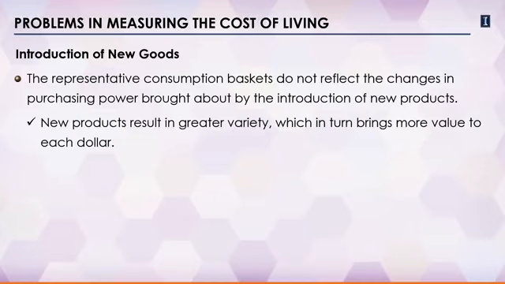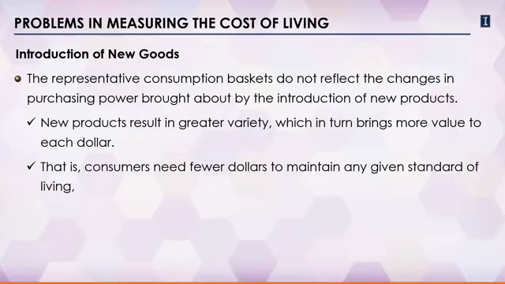When variety increases, people get a chance to buy goods and services that match their needs much more closely. That increases their real income. So once variety increases, we need to take that into account in calculating real income and changes in price level.